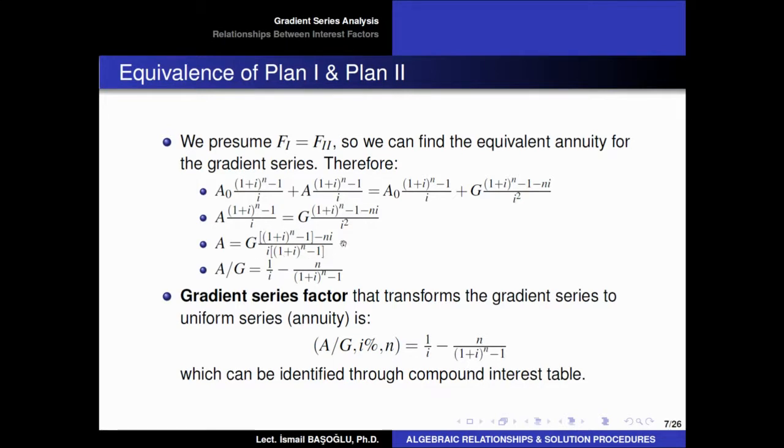Now, with a small algebra here, you can easily develop that A over G, which is called the gradient series factor that converts the gradient amounts to uniform amounts, is going to be formulated as 1 over i minus n over 1 plus i to the power n minus 1.